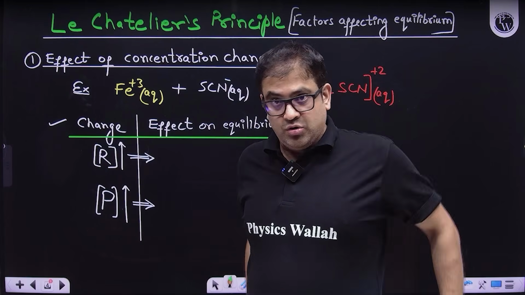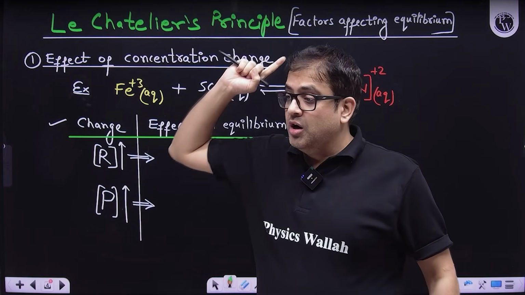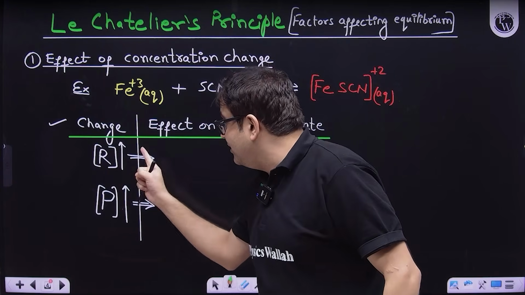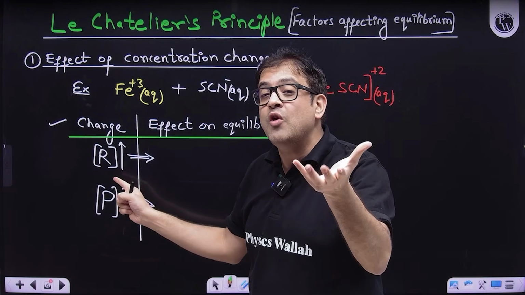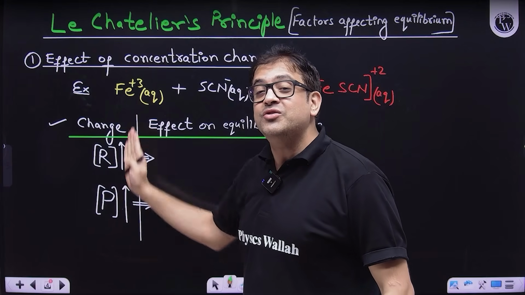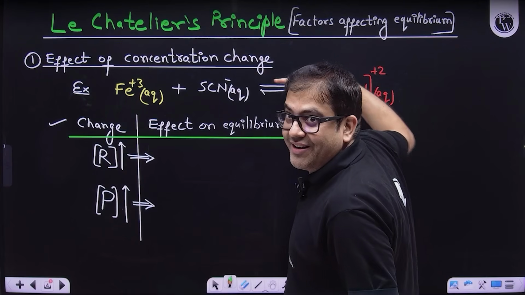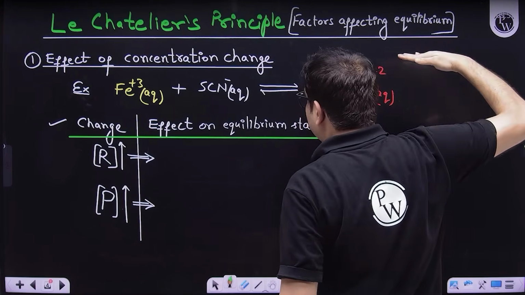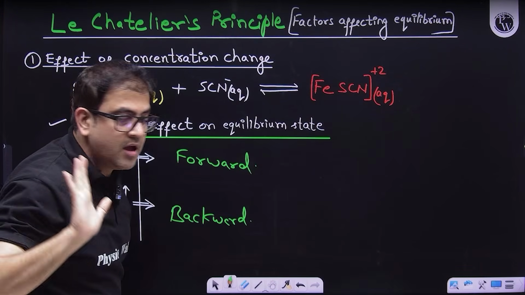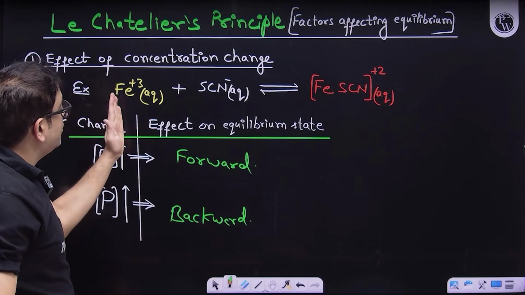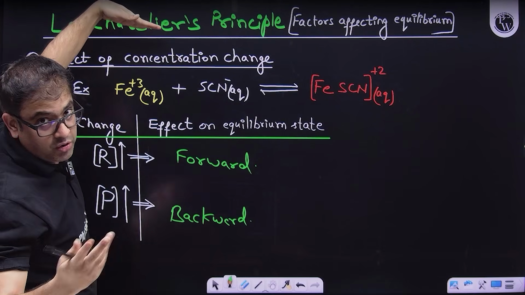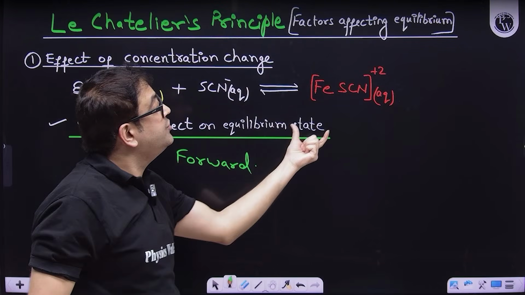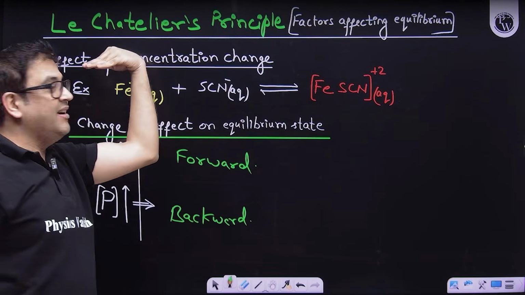So the reaction will say, no, reactant concentration increased, decrease it. So the reaction will try to move in the direction where this will be opposed. How will you oppose an increase in concentration of reactant? You will try to decrease it. You are increasing, I will try to punch you and decrease you. Again, if reactant concentration is increased, it will try to decrease it, so it will move in the forward direction. If product concentration is increased, it will move in the backward direction.